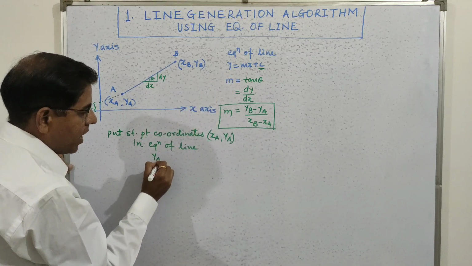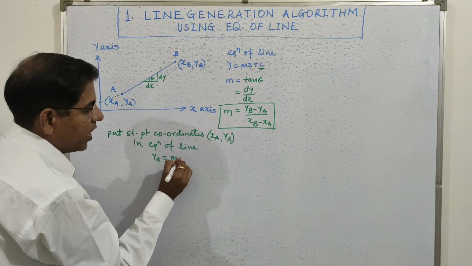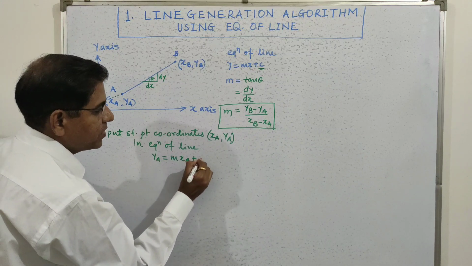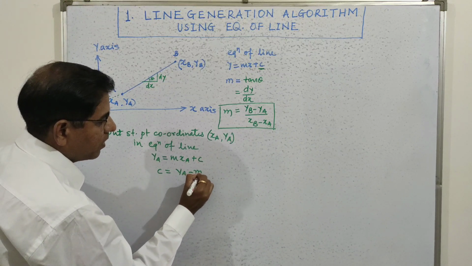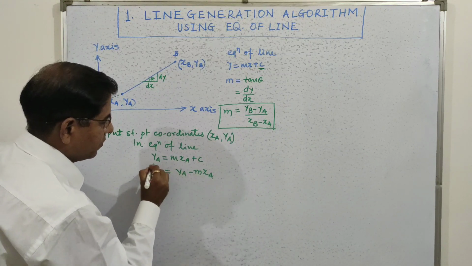That is, ya equal to m into xa plus c, and c is equal to ya minus m into xa.